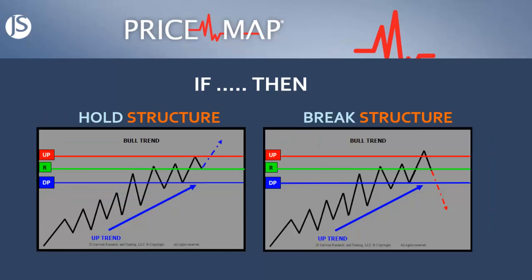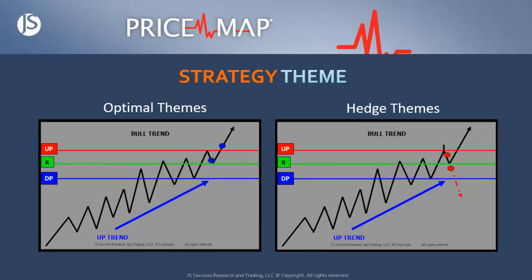The context that the state and structure define offer a foundation to standardize trading methods and create a more systematic approach. If a market holds structure, then align trading tactics with the characteristics of the state. If the market breaks structure, then alter expectations and anticipate a change in state. JSServices playbook analytics provide a strategy theme of what to do, and the price map defines where to do it.